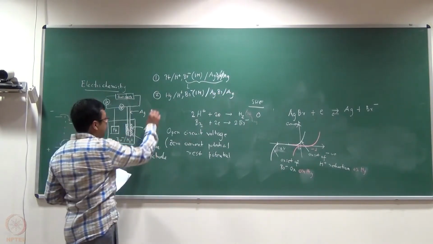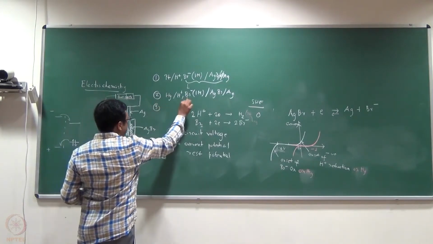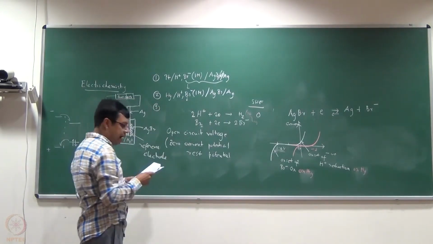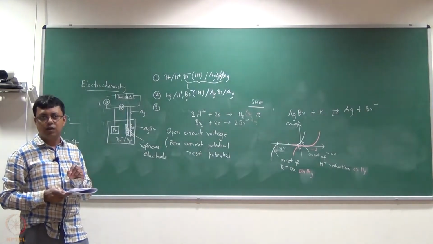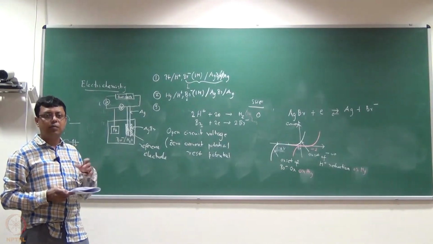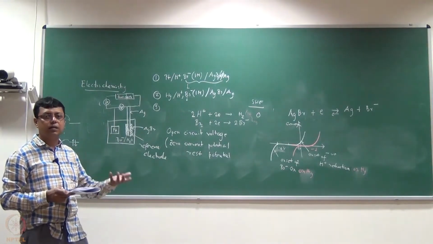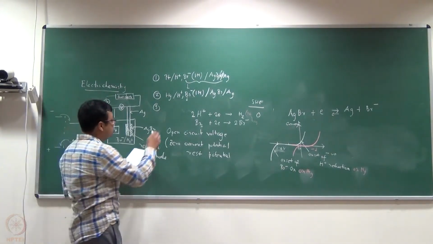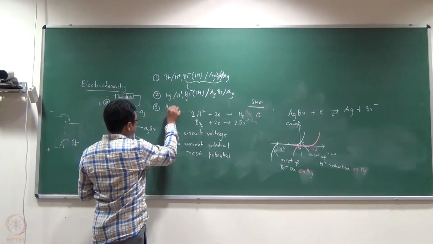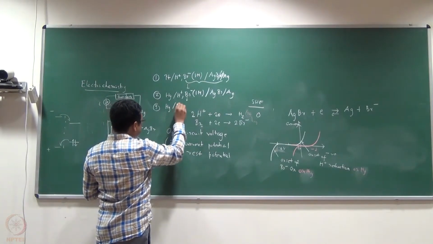Now I am making another change. I am adding a trace amount of cadmium ion to it. The cadmium ion will create another redox couple. So I had mercury, I had H plus.